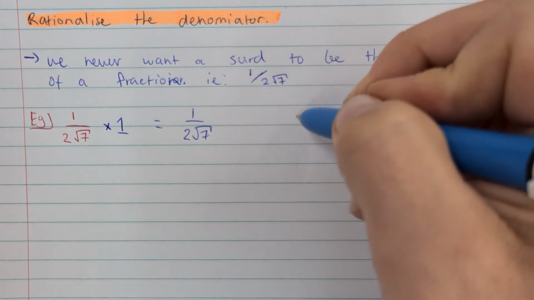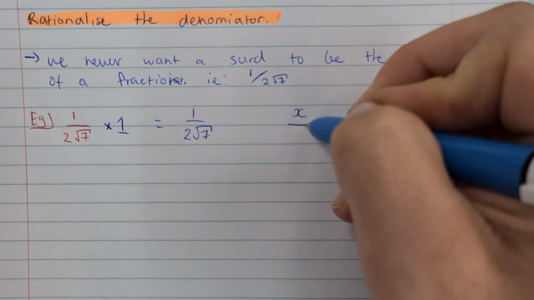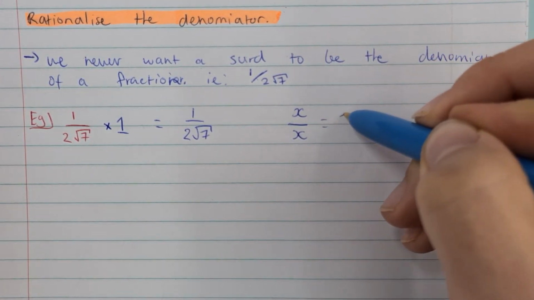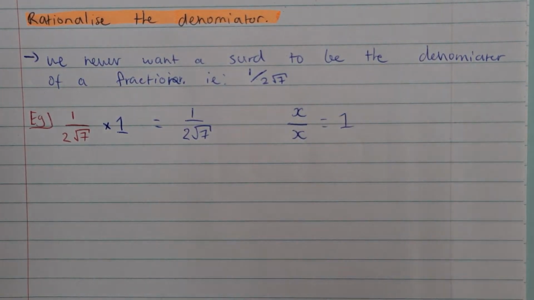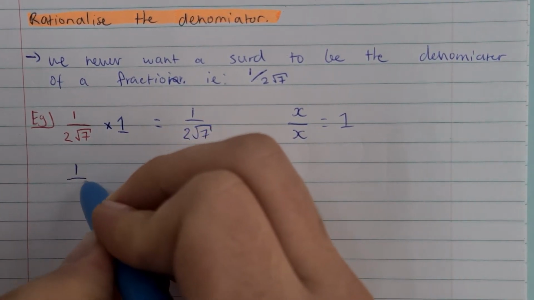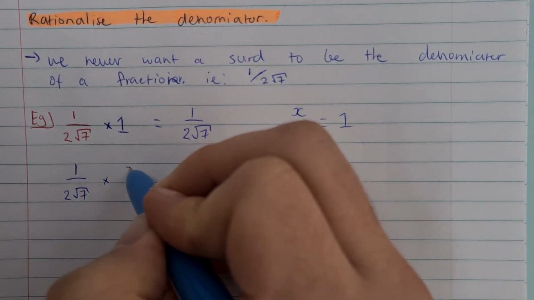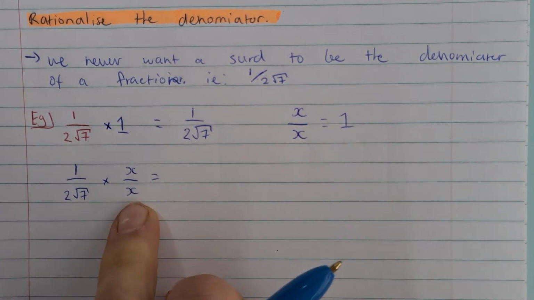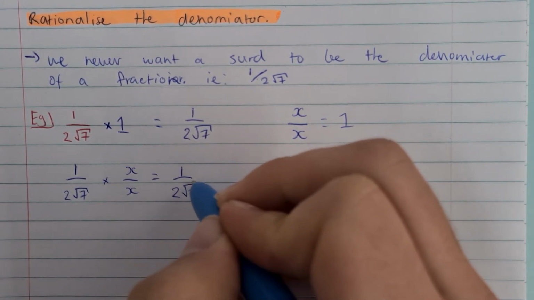I also want to ask, if I have, let's say, just use the number x over x, whatever I choose x to be, that fraction equals 1, doesn't it? So I can use this. If I have 1 over 2 root 7, I can multiply it by some fraction, x over x. Because x over x is always going to be 1, we're not actually changing the number, okay?